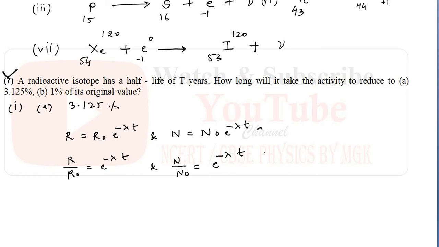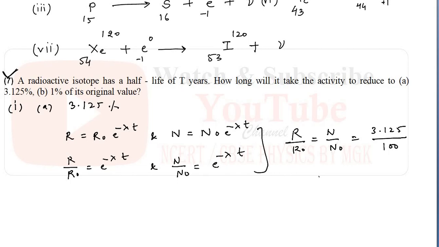So combining these equations, we can directly write R upon R naught equal to N upon N naught. Here N is given as 3.125, and N naught, the initial number of atoms present in the radioactive isotope, is equal to 100.